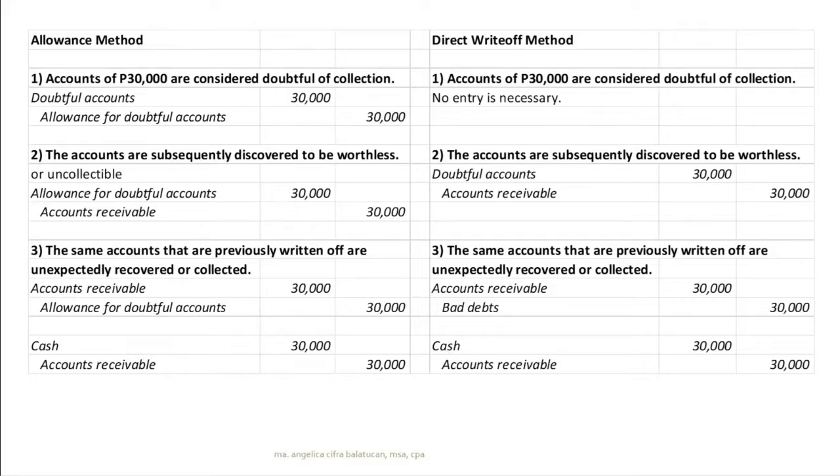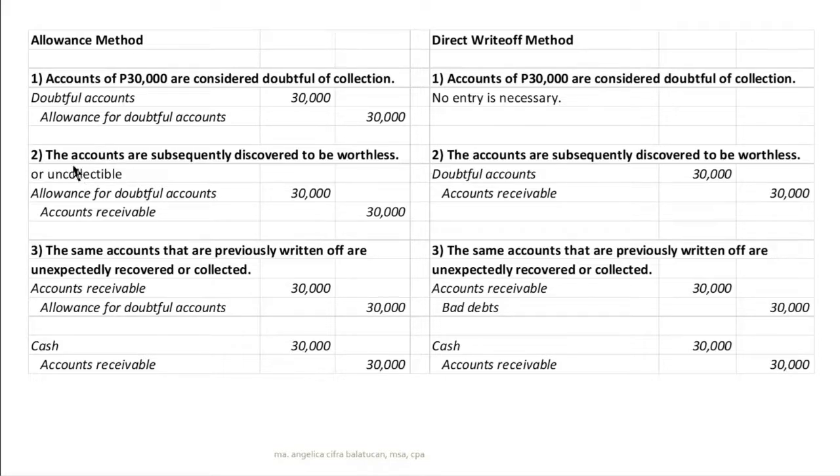For the allowance method, observe, you credit allowance for doubtful accounts. Again, for direct write-off, if it's only doubtful of collection, no entry yet. Again, you only record the bad debts or the doubtful accounts when it's worthless, so when you write it off.